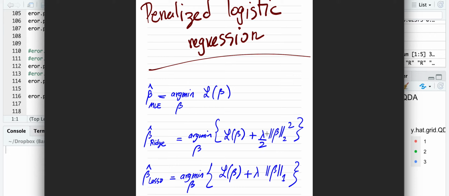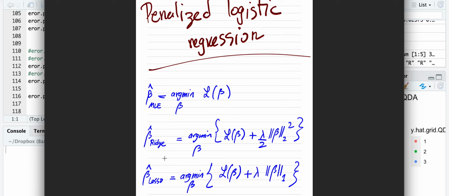And there are two big important examples in this avenue. One is called ridge regression, the other one is called lasso, and the book introduces these in the context of linear regression.